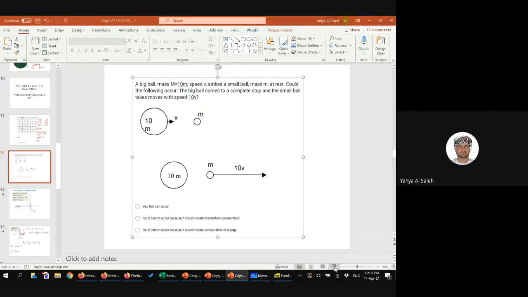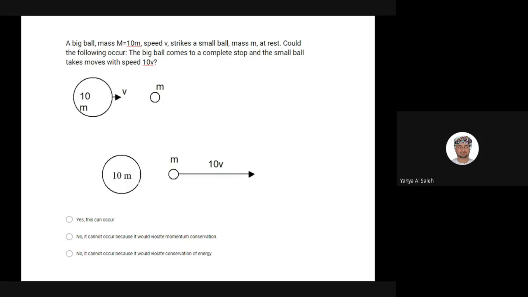Let's take a look. First thing first, momentum. Someone do it with me. What is the momentum before collision? 10mv plus m times 0 is equal to momentum afterwards: 10m times 0 plus m times 10v.